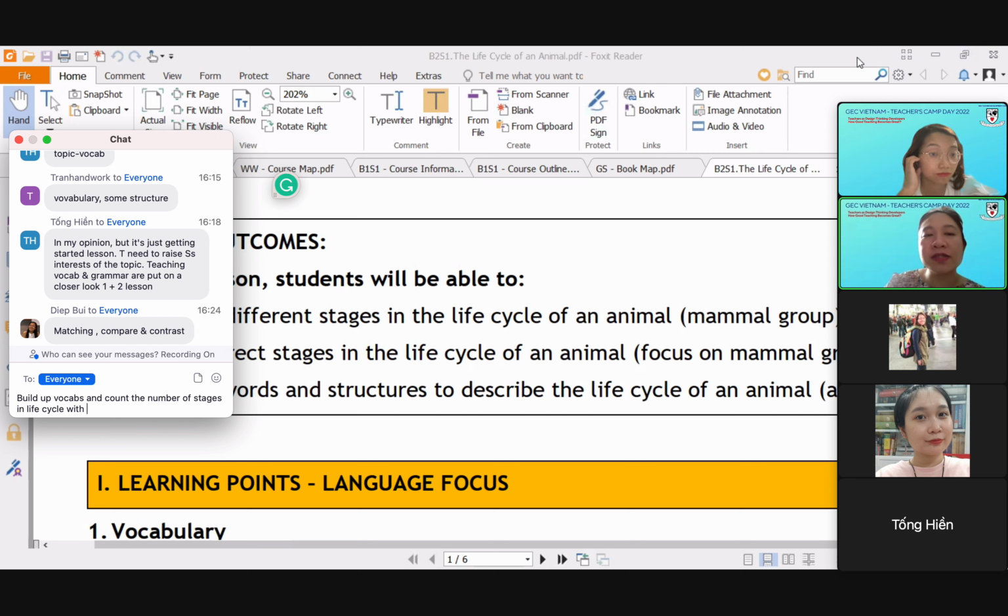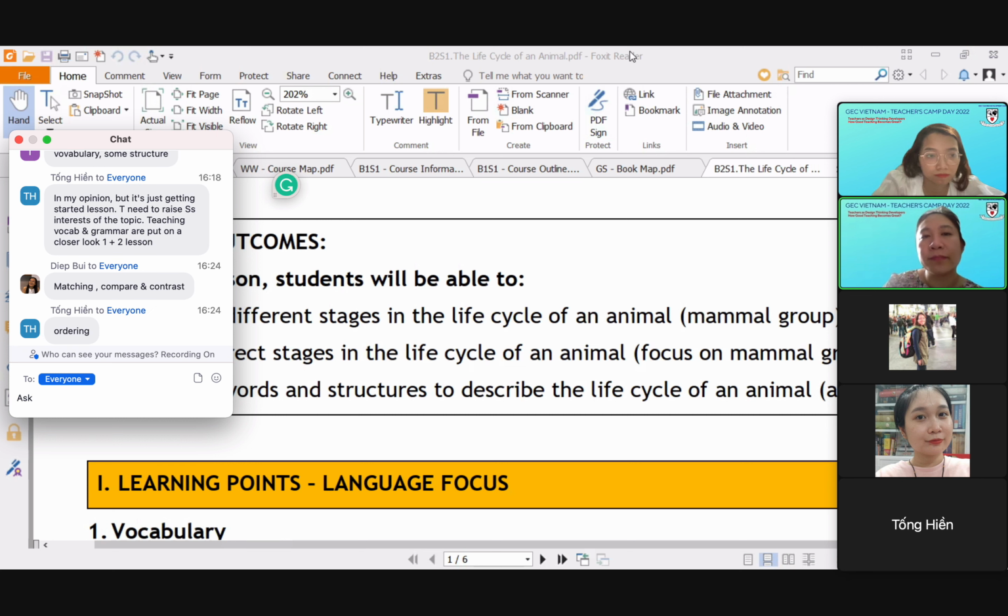We can help them distinguish by matching tasks, matching activities, or maybe compare and contrast. Ordering, that's good, yes. And then from ordering, we can do number one, identify correct stages in the life cycle.